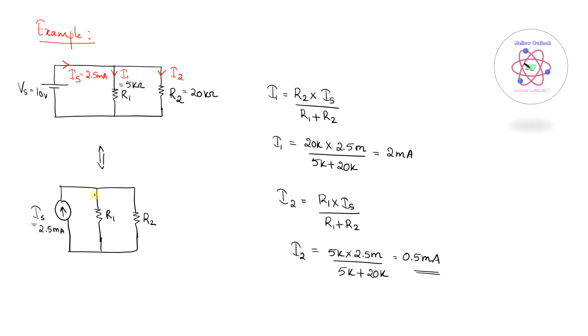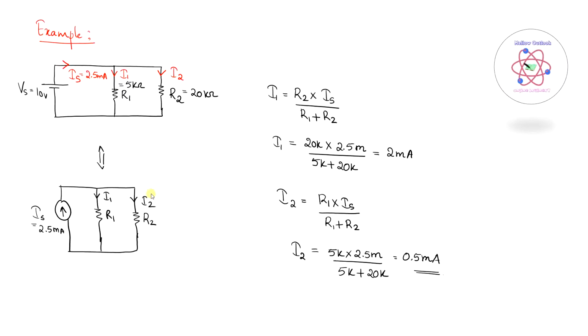And this was the current I1 and this was the current I2. So when we do simulations, you would be able to observe that in Multisim we do have the source current. So directly using this circuit, we can observe the current I1 and the current I2.